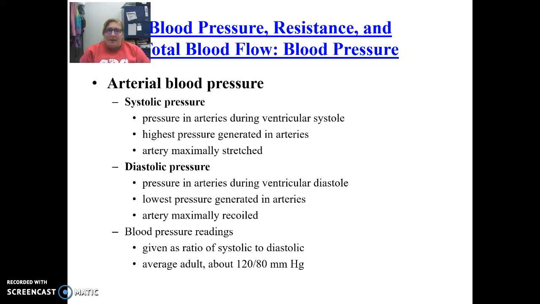But you also don't want to have it too low, below, I believe it is, 90. The diastole can go down to the 60s, but again, you don't want the diastolic number to be too high, above 90, or below about 50.